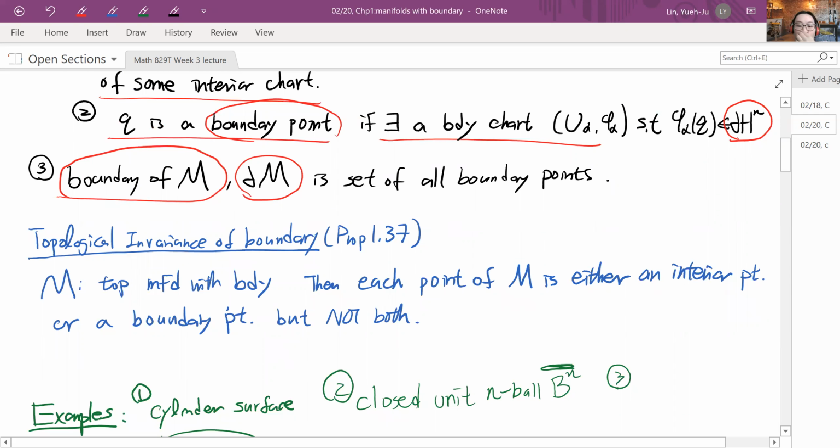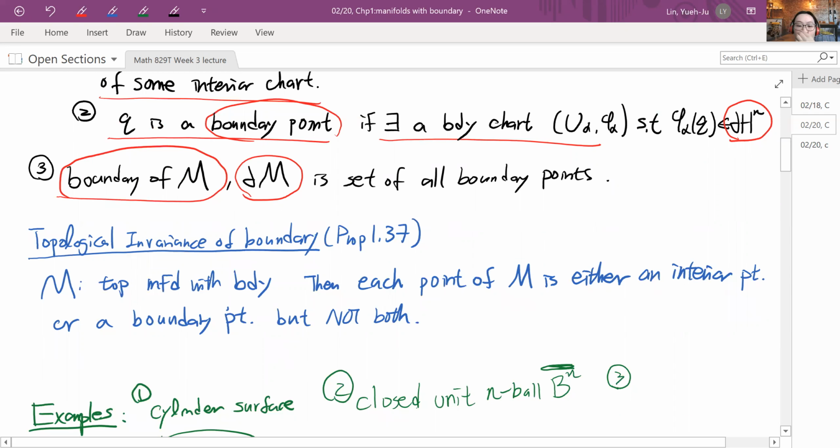You can imagine it should give you the first quadrant. This is 0 to infinity, product 0 to infinity, right? And you can see this is not even locally homeomorphic to Hn. So this is a special kind of manifold, and we give it a special name. This is what we call a manifold with corners in some sense.